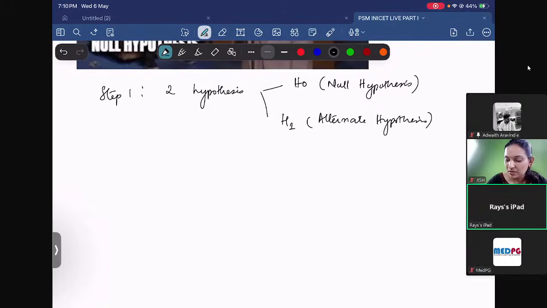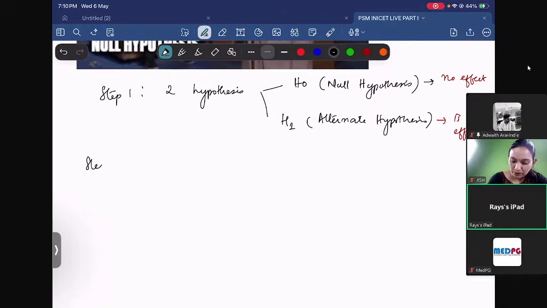The null hypothesis says there is no effect or no difference, so your drug is not going to work. Alternate says that there is an effect, or the drug that we are trying to study will work. So the first step: you have two hypotheses.